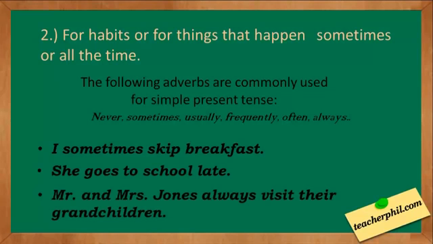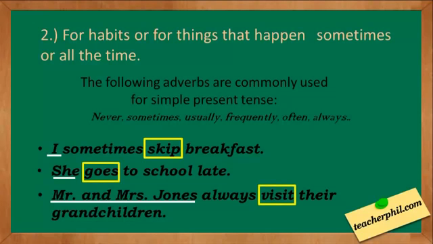Mr. and Mrs. Jones always visit their grandchildren. I, she, and Mr. and Mrs. Jones are the subjects in these sentences, while skip, goes, and visit are the verbs. If you notice, all the examples follow the pattern subject plus main verb.